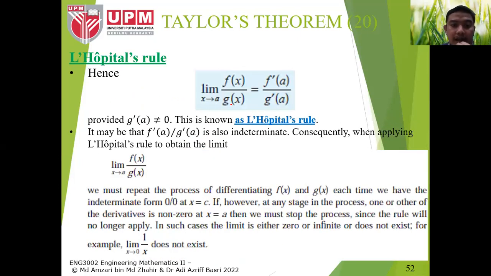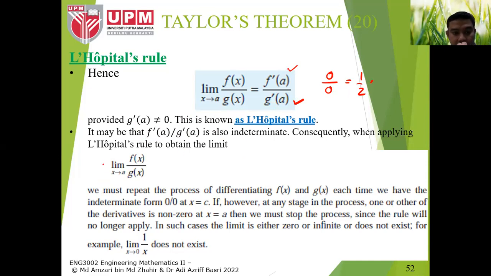With L'Hopital's rule, for example, the limit of x approaching a of f(x) divided by g(x) is equal to the limit of the differentiated numerator over the differentiated denominator, and make sure you don't get 0 over 0. You keep on doing that differentiation until you get an answer, for example 1 over 2. So you may need to differentiate the numerator and denominator repeatedly in order to find the answer.